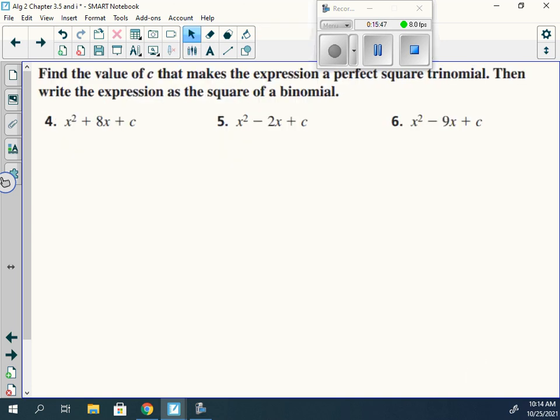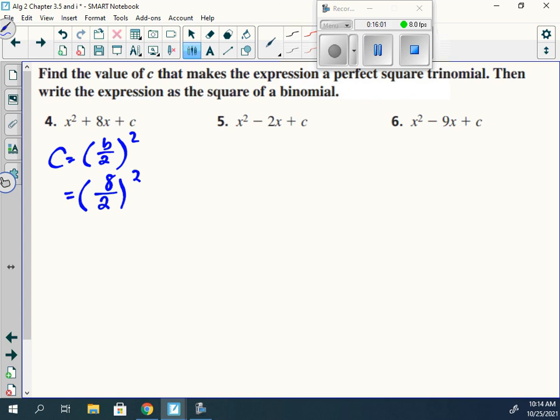Let's look at number 4. C is equal to b over 2 squared. What's the value of b? 8 divided by 2 is?